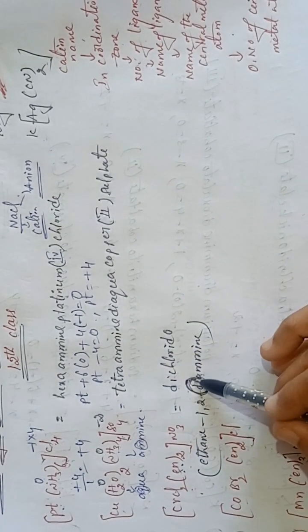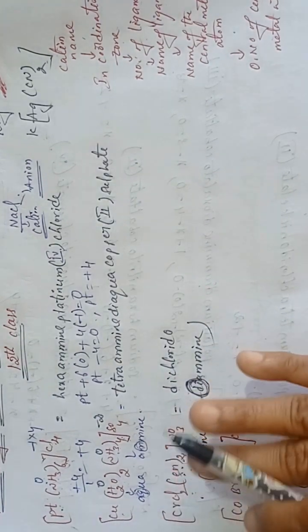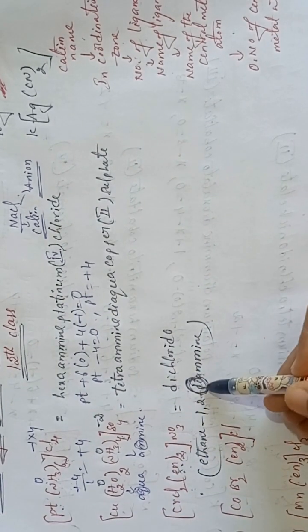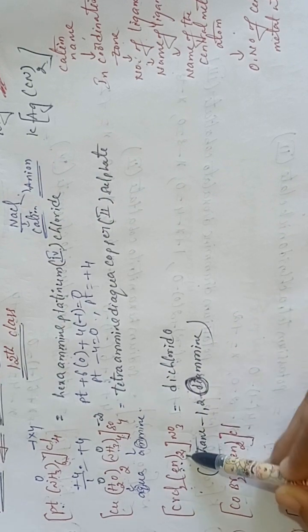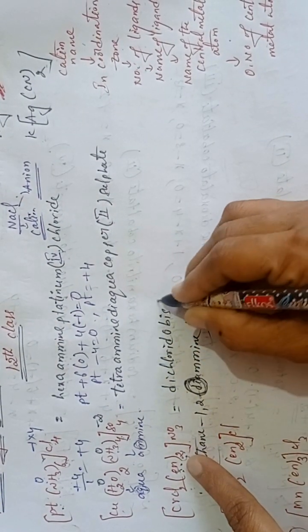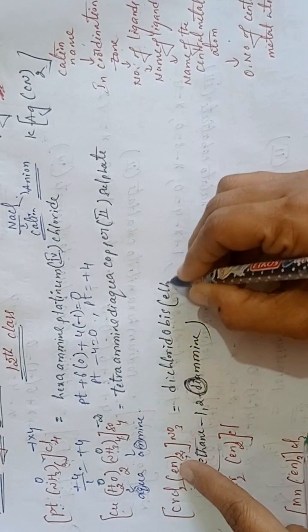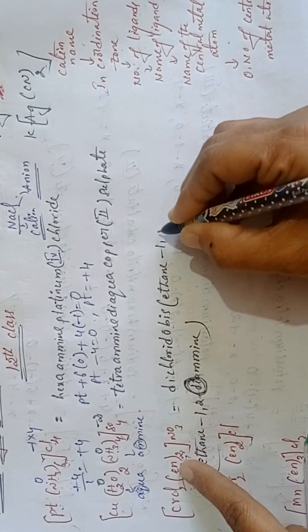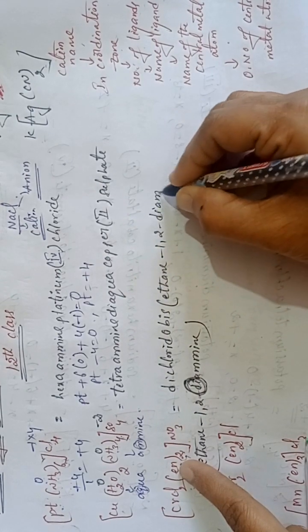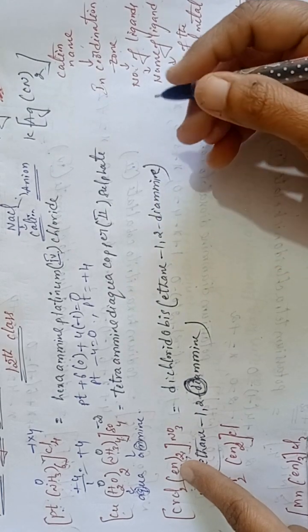Understand? So instead of 2, we should not use di, because di is already in the name. That's why we have to use bis. And in full form you have to write bis(ethane-1,2-diamine), bracket close.